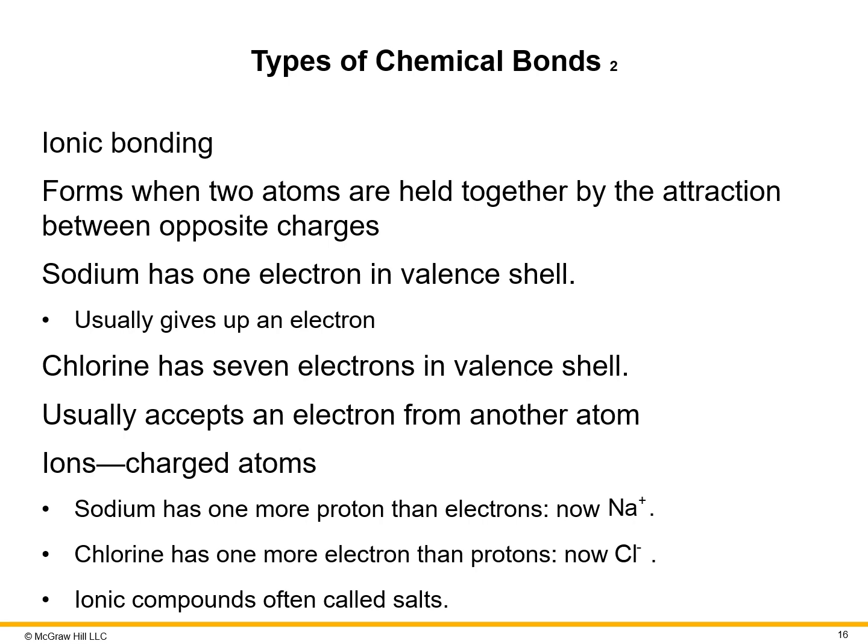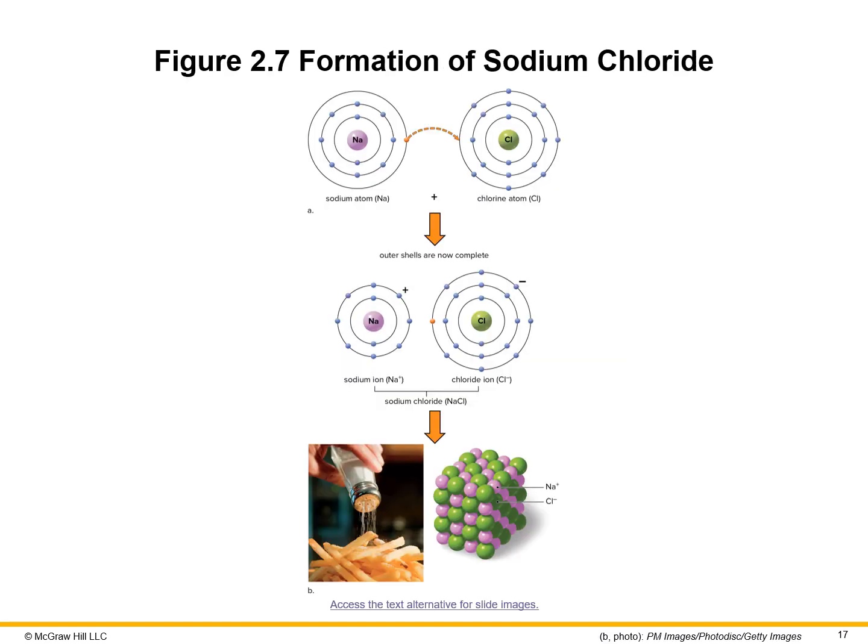So the sodium has 1 more proton, and the chlorine has 1 more electron, so then they combine. And ionic compounds are often called salts. Here's a pretty good pictorial representation, on page 26, to show you how it forms together.